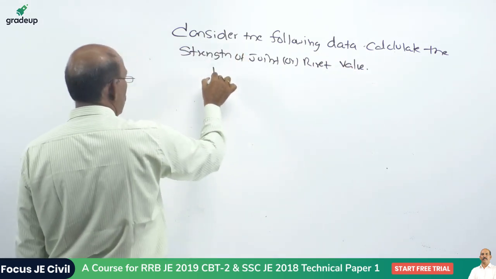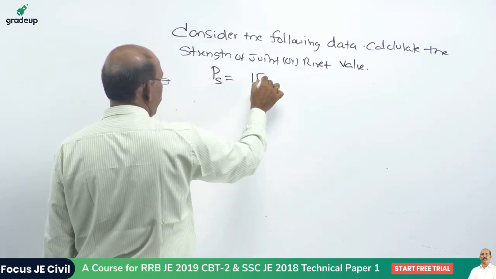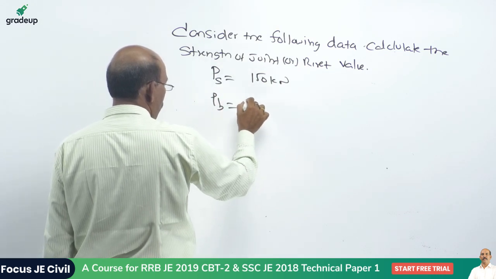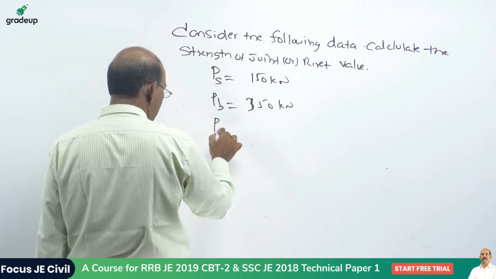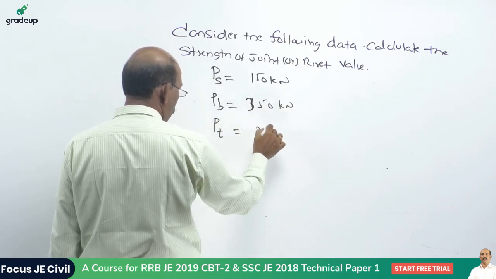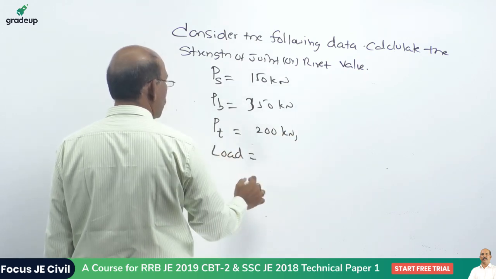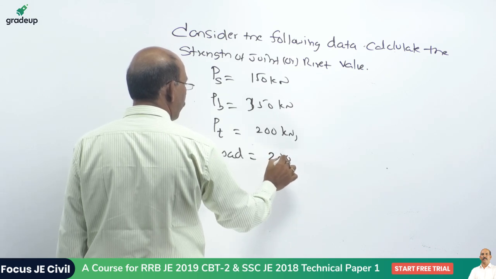First one, PS is equal to 150 kilonewton, PB is 350, PT, tension, is 200 kilonewton, and the load is equal to around, let us say, 250.